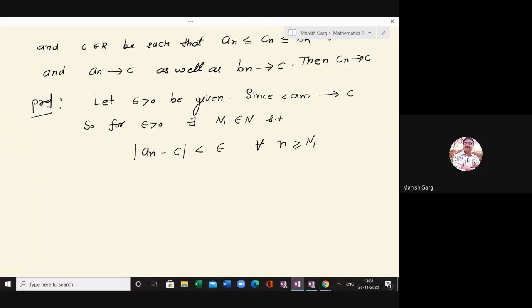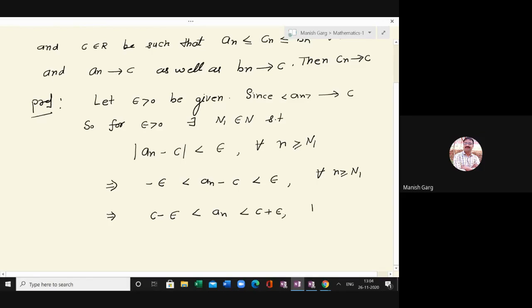Opening this, we can write c minus epsilon is less than an is less than c plus epsilon for all n greater than n1.